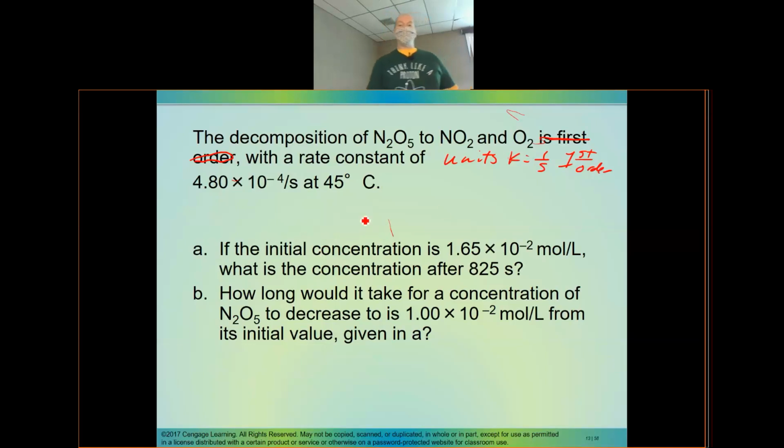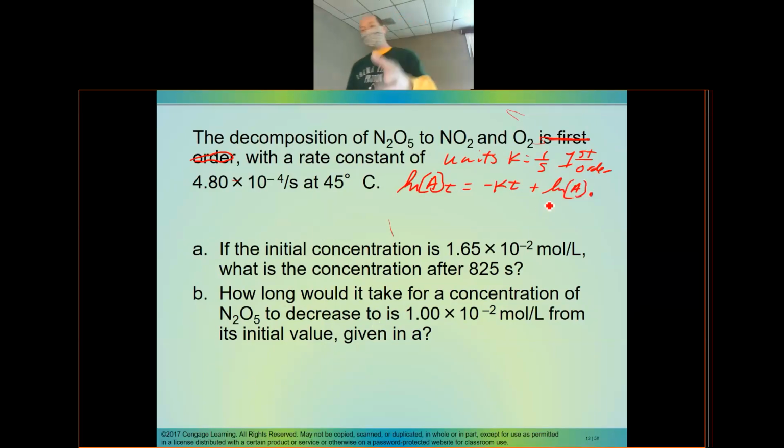And when I have first order, I know that I am looking at the integrated first order rate law, so I'm looking at the ln of A at time t equals negative kt plus the ln of A initial. I have to go to my first order equation.